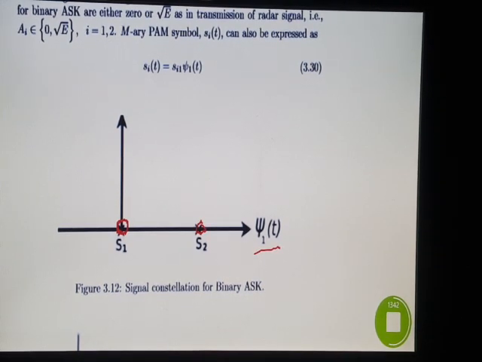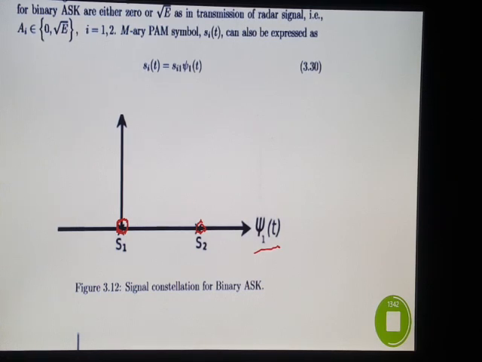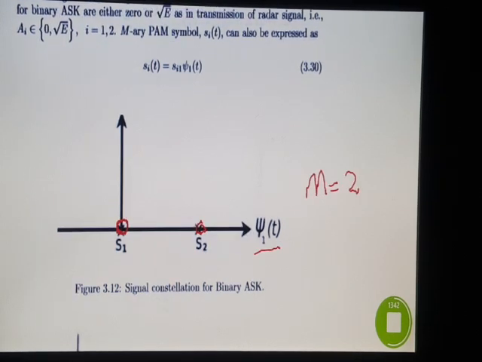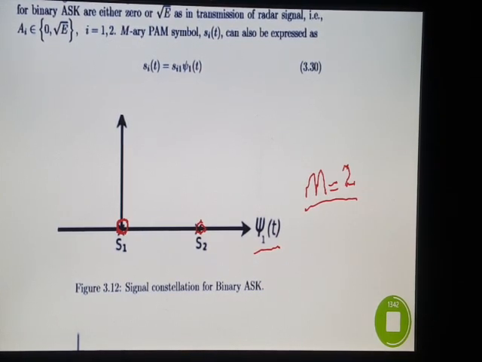You have S1 with 0 amplitude, and S2 with some amplitude and energy E. This constellation is drawn for M equal to 2, and this signaling scheme is used in the transmission of radar signals.